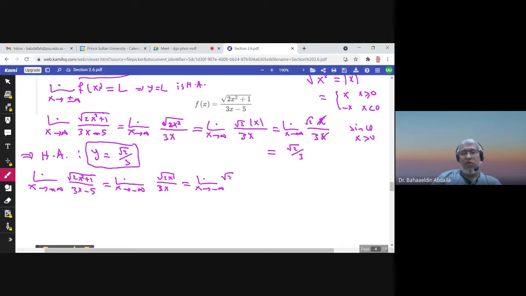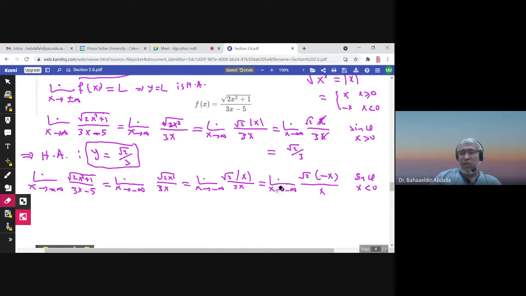Now, this is square root of 2, and the square root of x squared is absolute value of x. But x is going to negative infinity. So x is a very small number, a large negative number. So a square root of 2 and absolute value of x in this case would be negative x, since x is negative.